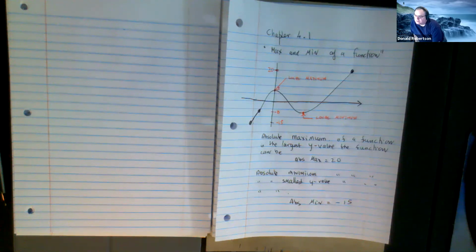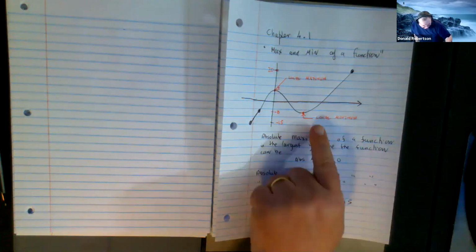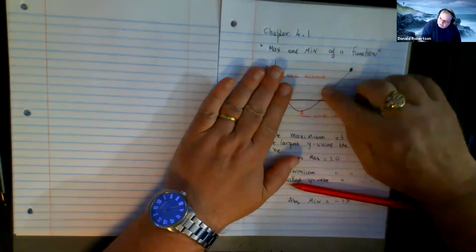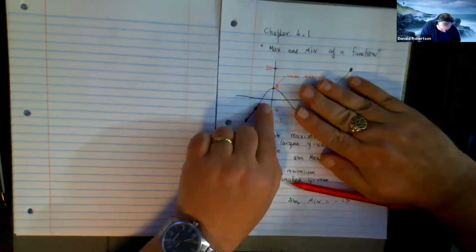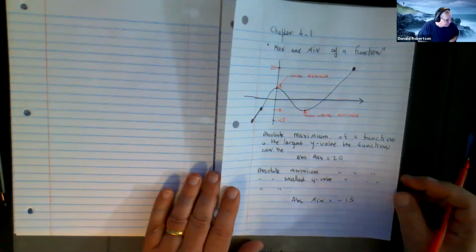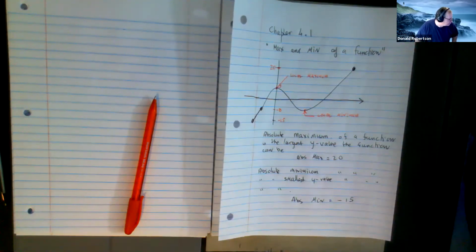The way I look at it, a local maximum is like the top of a hill, and a local minimum is like the bottom of a valley. Right, so that little part of the world, isn't that a little dip where it gets quite low? And this little part of the world, isn't that a little hill, right? So if you're looking at a function and you're interested in absolute max and min or local max and min, that's essentially the way I would look at them.